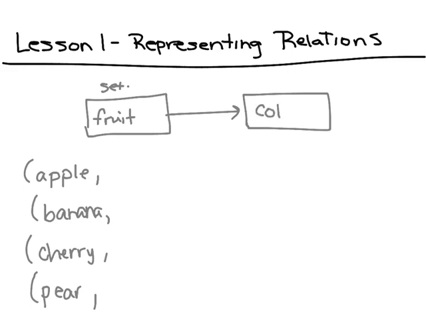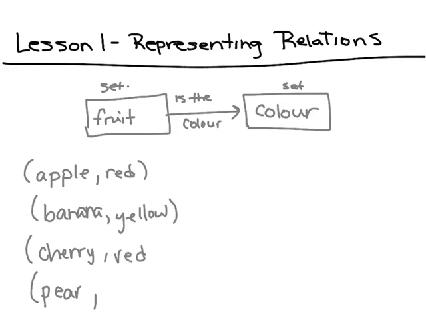And our second group is color. That's our second set. The way that the two are related is that every fruit has its own color. Apple is red, banana is yellow, cherry is red, and pears are green.